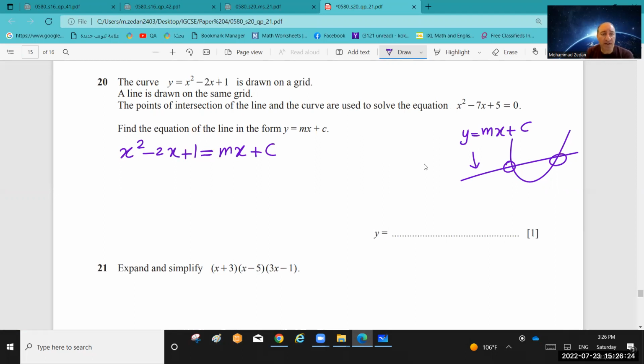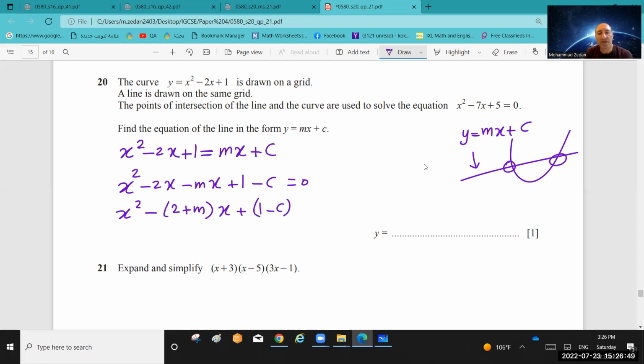Now simplify this equation, put it in general form: x squared minus 2x minus mx plus 1 minus c is equal to 0. And you can write x squared, negative common factor, take 2 and m together with x outside, and also 1 minus c is an absolute term here.